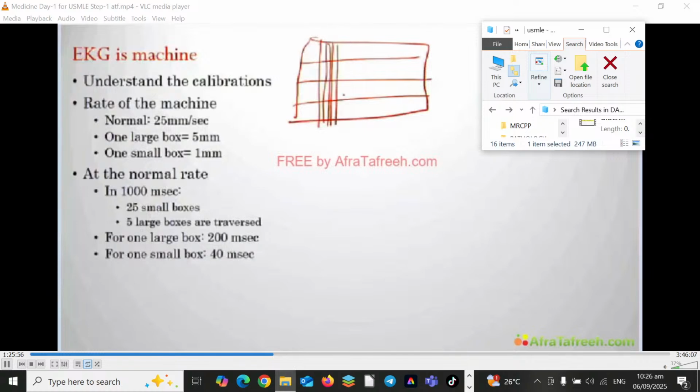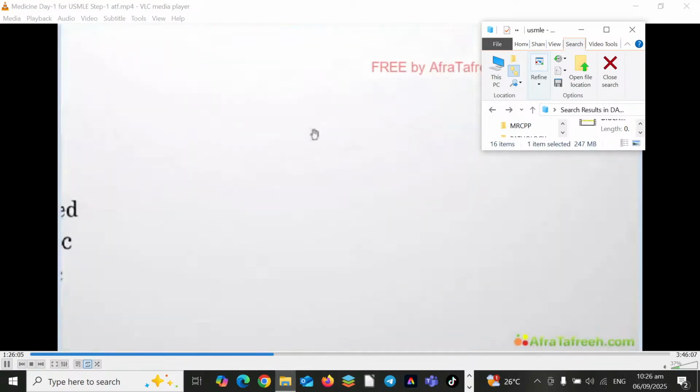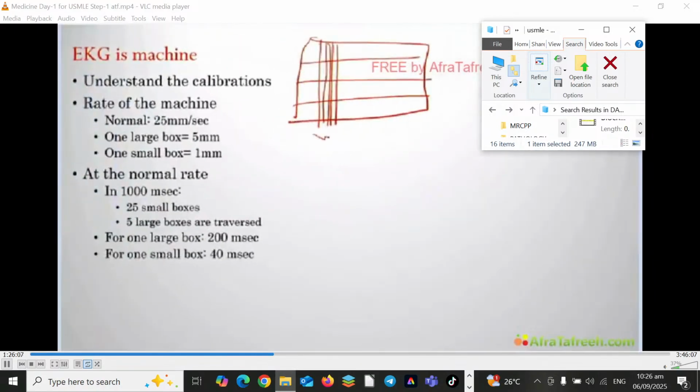It's conceptually correct, not mathematically. It's an illustration. So this large box here will have 5 small boxes. Is it clear?